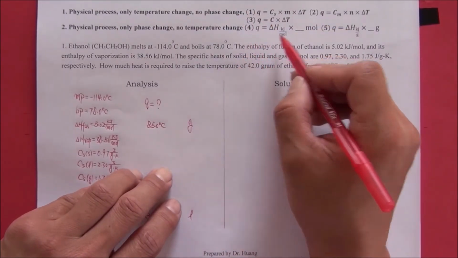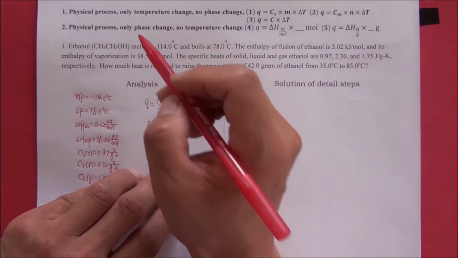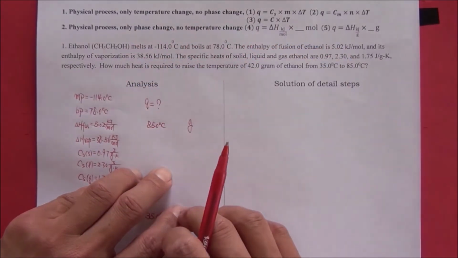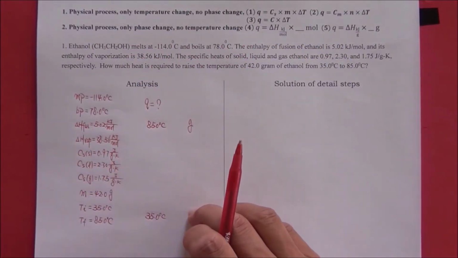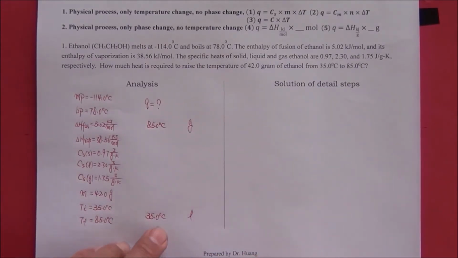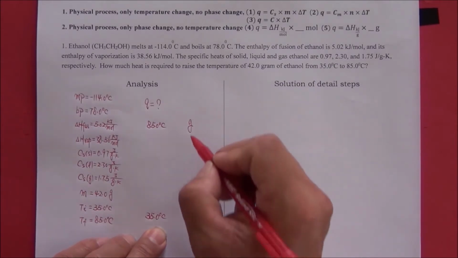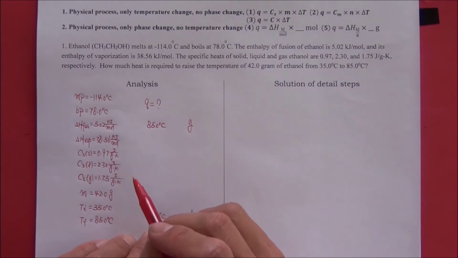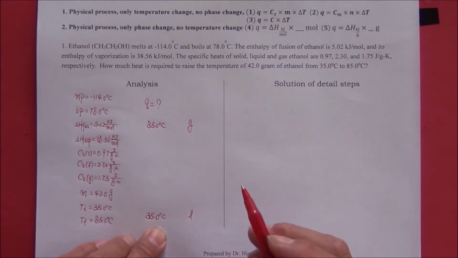The second set can be used whenever there's only phase change, but no temperature change. Therefore, we need to break this process into different steps. The phase change is from a liquid to a gas. Therefore, the boiling point is a point to break this process down into different steps.